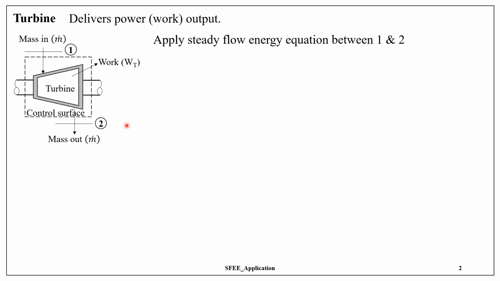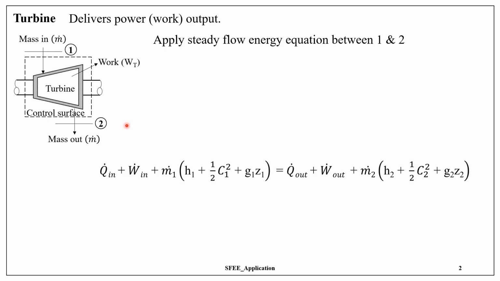And we know the steady flow energy equation is Q dot in plus W dot in, the heat input and work input to the turbine. M1 dot is the mass that enters.